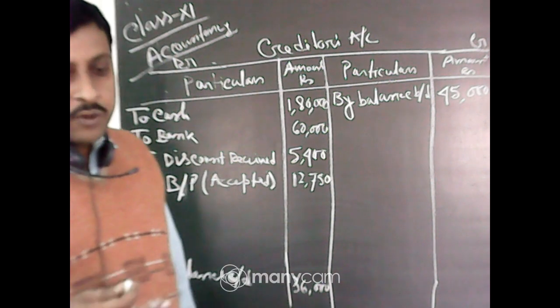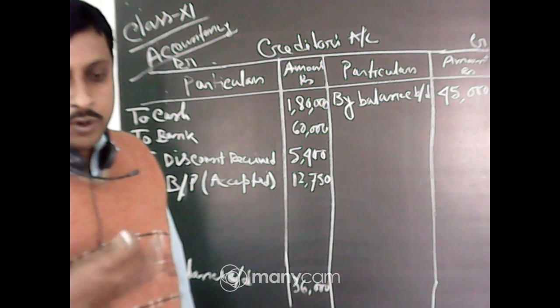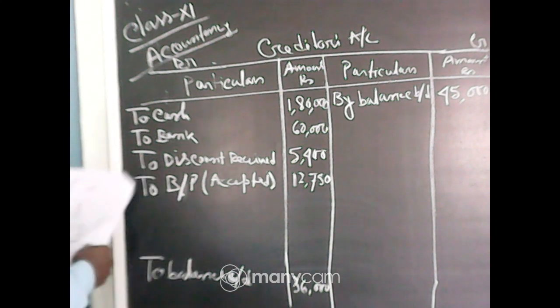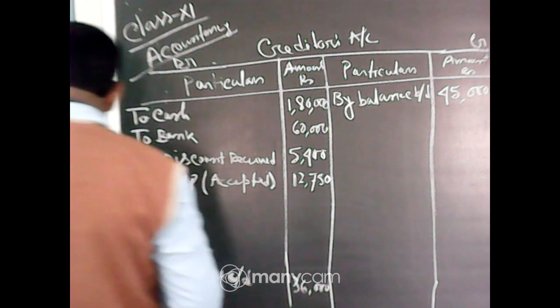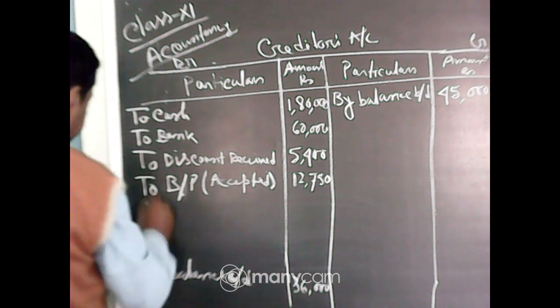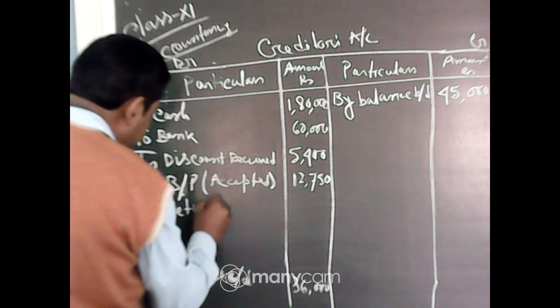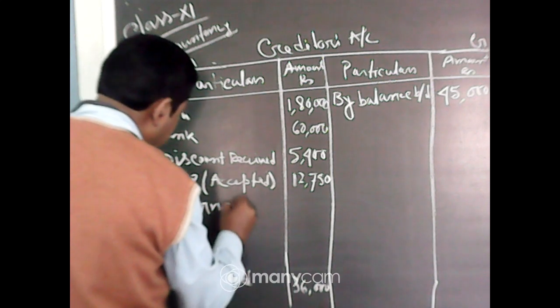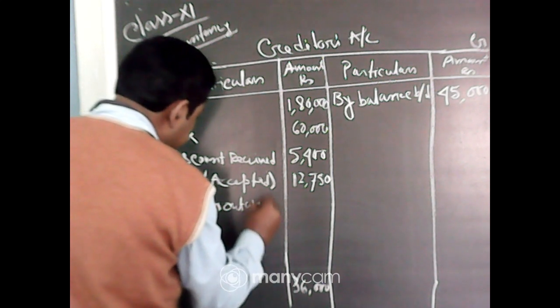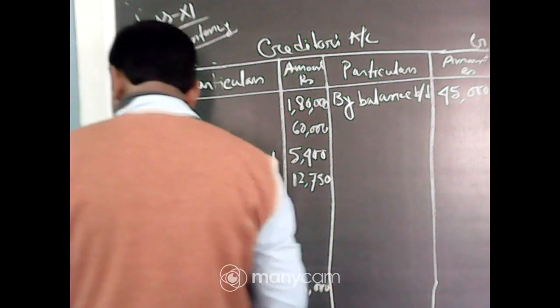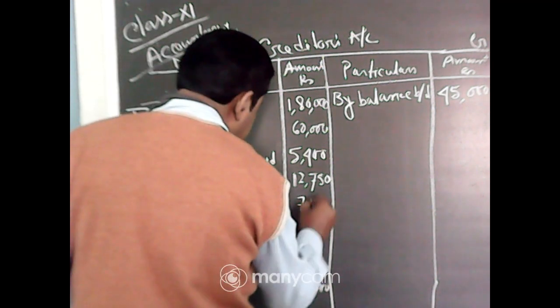This 5,000 amount you will not pay to the creditors, so you have to deduct the balance of the creditors. So in that case, creditors account debit to return outwards. What is the amount? 7,500.